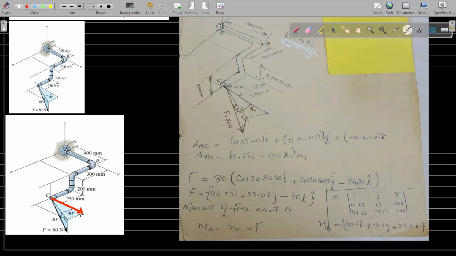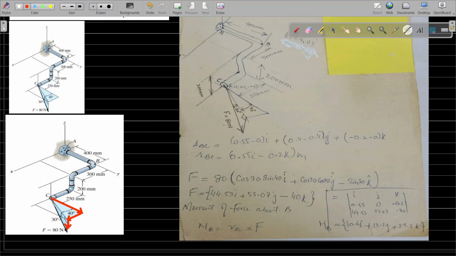The other component will be from here to here, and its direction will be this. Another component along Z will be from here to here, and its direction will be like this. So these are the components.